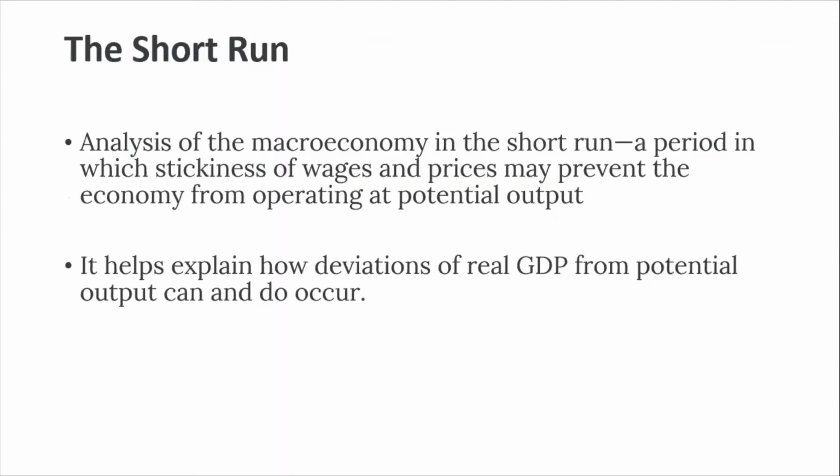Short run analysis: the macroeconomy in the short run is a period in which stickiness of wages and prices may prevent the economy from operating at potential output. So in the short run, prices and wages are not flexible, and the economy is not operating at potential output.